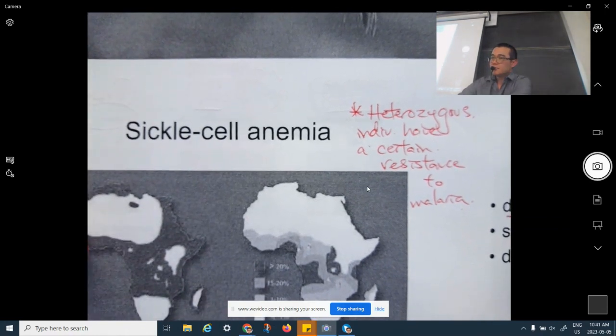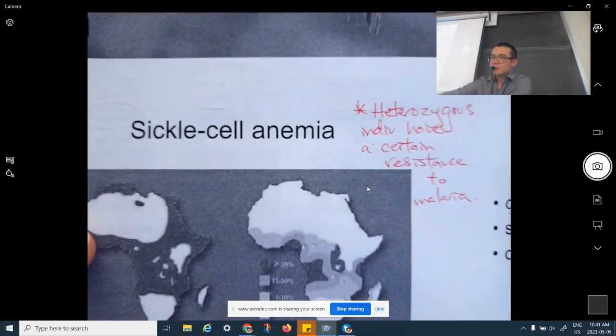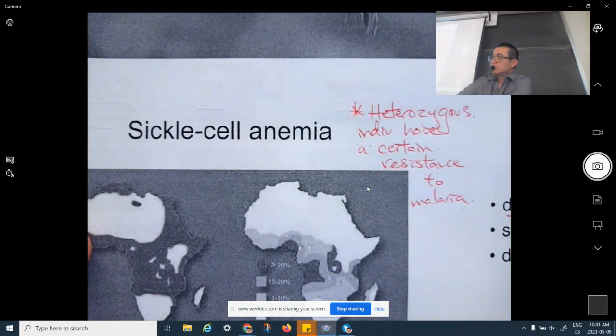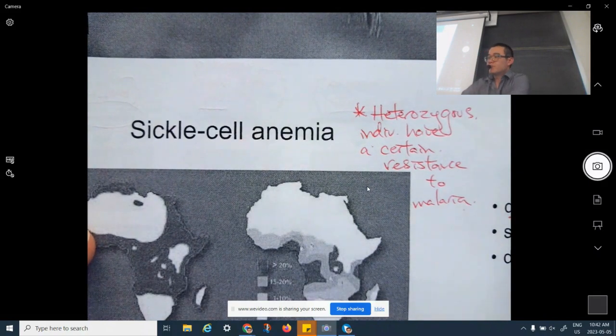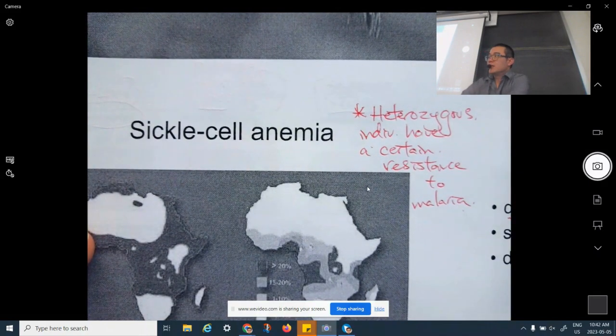Can't we have both favorable and unfavorable at the same time? If you have protection against malaria, you also experience the adverse effects. I think there is a certain, you don't get full-blown sickle cell anemia.